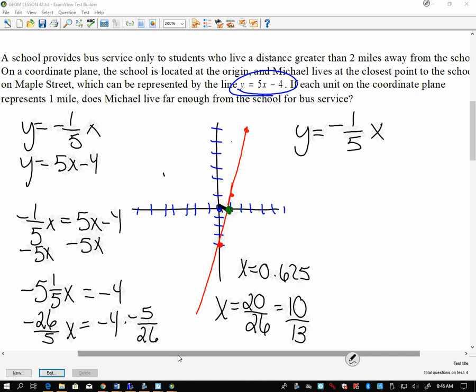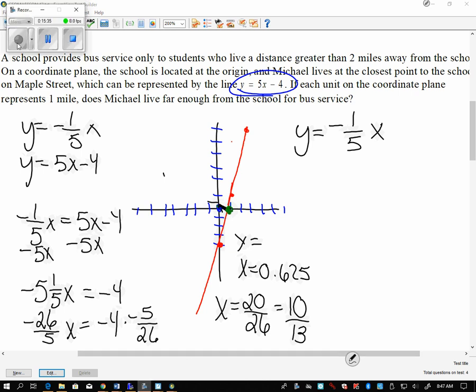So if I want to find the y coordinate, how do I do that? Now that I know x is 0.625, plug it in for x. The easiest place to do that is in this one right up here to the right. Negative 1/5 times 0.625. What do I get? You can give it to me as a decimal. Guys, I got a lot of people just staring at me. If I'm doing all the work, you're not being benefited.